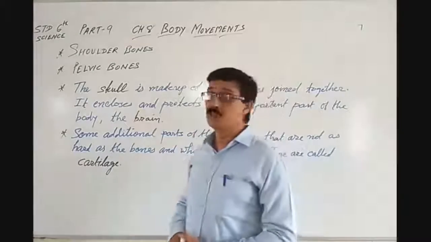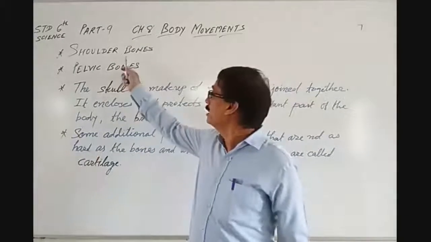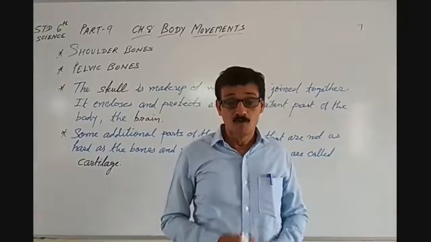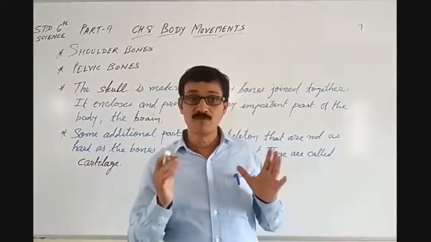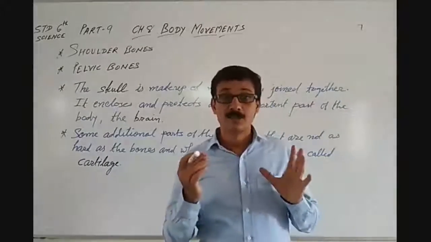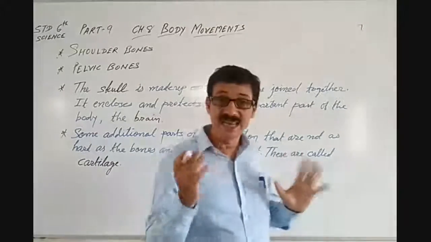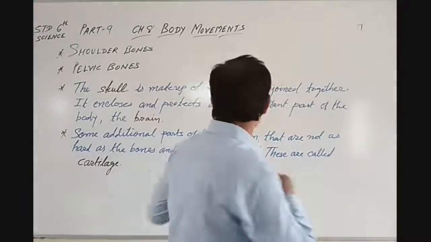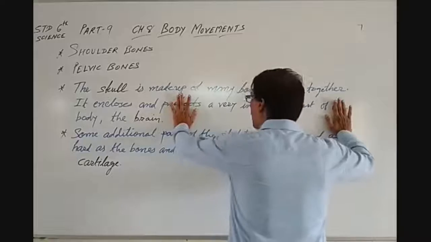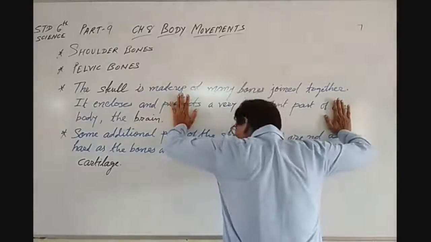Now, in this video, we will discuss the shoulder bones. For that, first of all, what should you do? Ask one of your friends to stand like this, keep his or her hands on the wall, and push the wall.